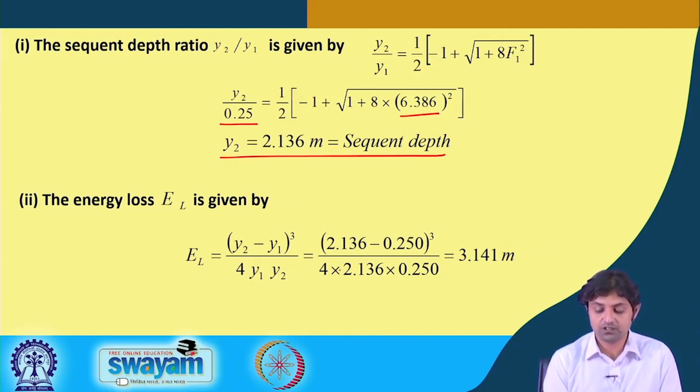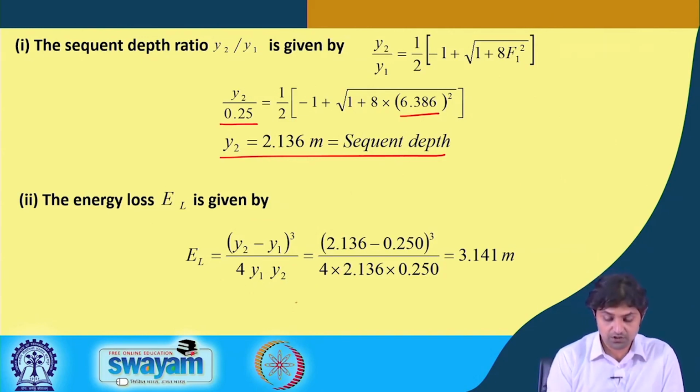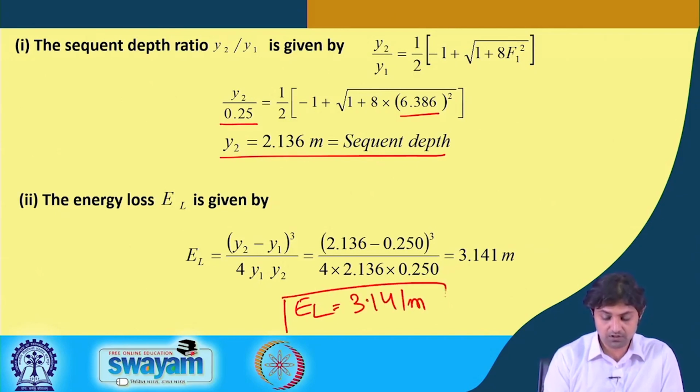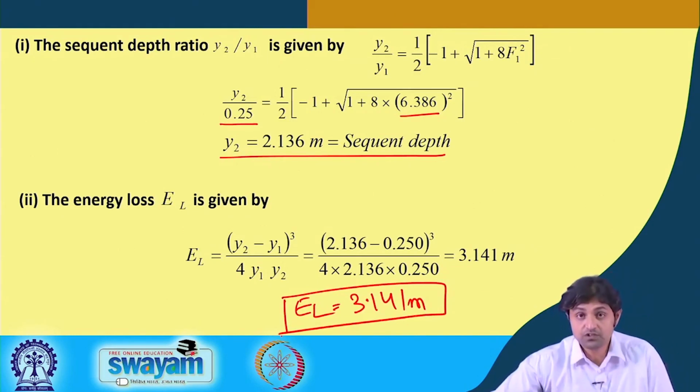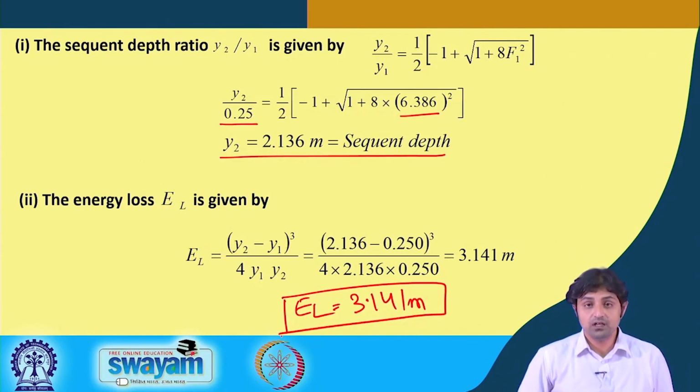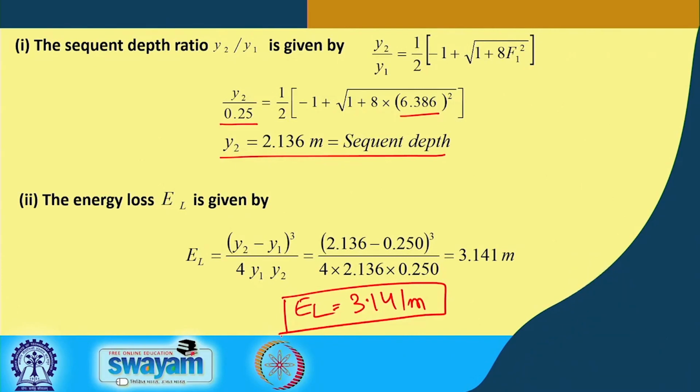So, 2.136 minus 0.250 whole cube divided by 4 y1 into y2, and the energy loss comes out to be 3.141 meter. All right.